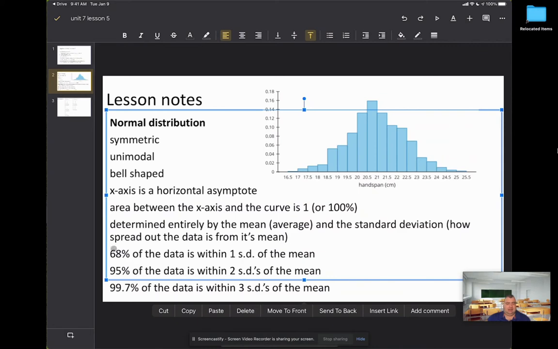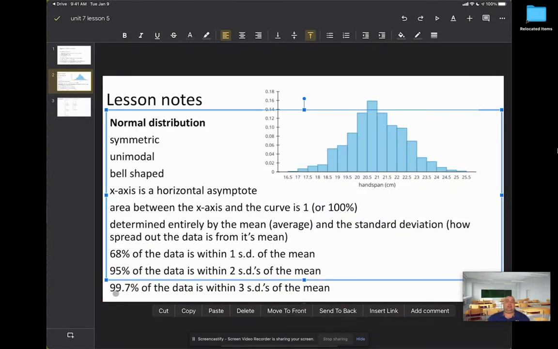Lastly, there is this rule about the data. In a normal distribution, about 68%, which is a little bit more than 2/3, of the data is going to be within one standard deviation of the mean, or the average. 95% of the data is going to be within two standard deviations of the average.